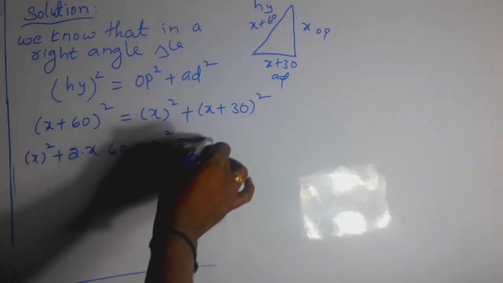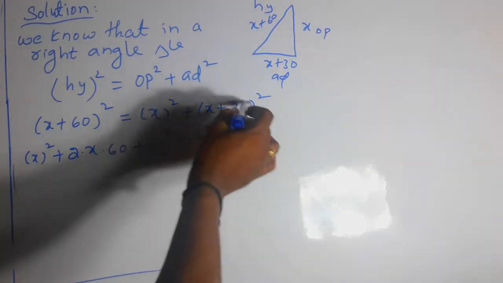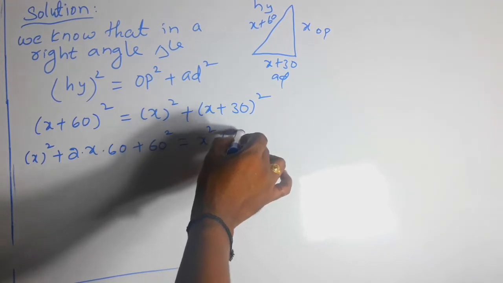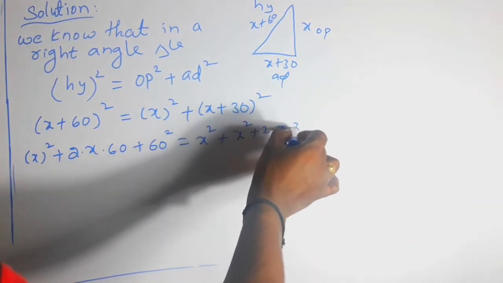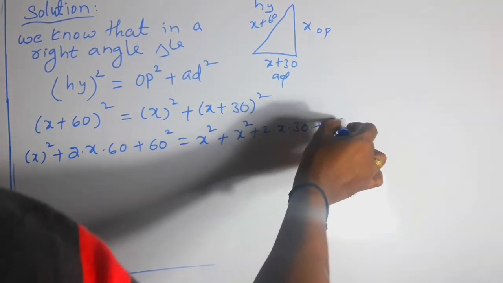On the right side, x square, and this is also like a plus b whole square: x square plus 2ab plus b square.